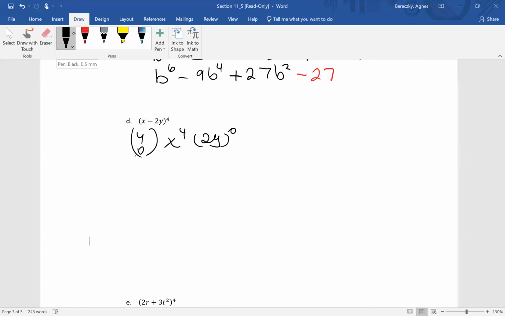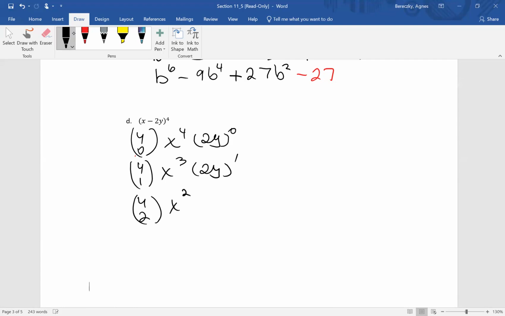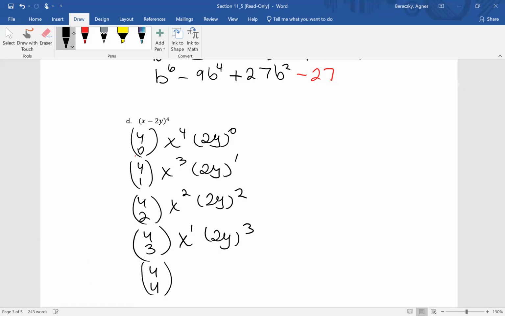The second, 4 over 1, x to the third, 2y to the first, 4 over 2, x to the 2, 2y to the 2, 4 over 3, x to the 1, 2y to the third, and 4 over 4, x to the 0, 2y to the fourth.